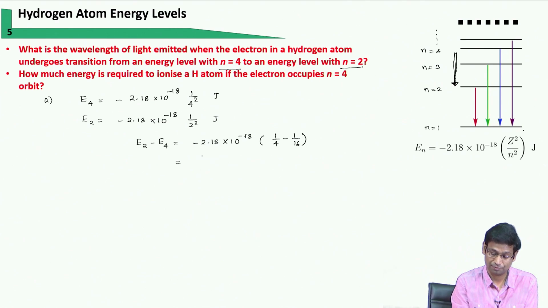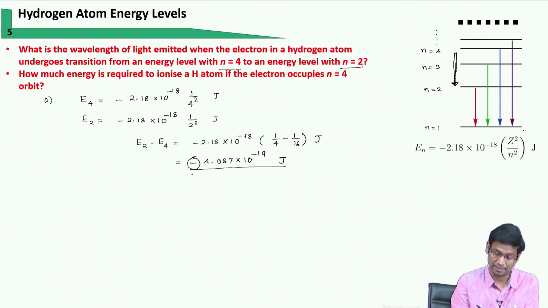When you do this, this will come out to be 3 divided by 16, and when you multiply this number, you would get minus 4.087 into 10 to the power minus 19 joules. So, this is the emission energy. What is this minus sign doing here? This simply says that this is the energy that is being emitted, not absorbed.